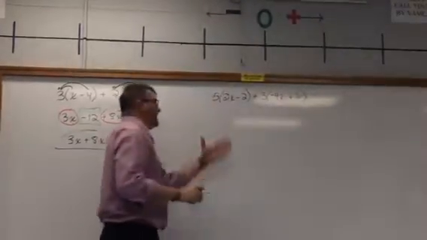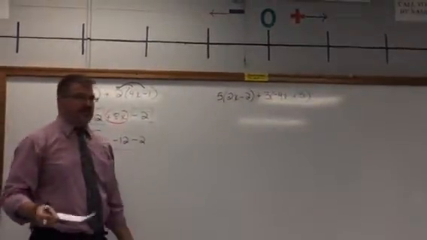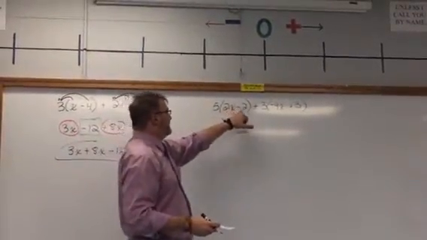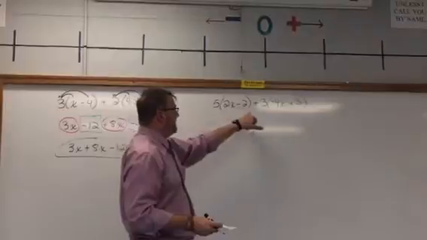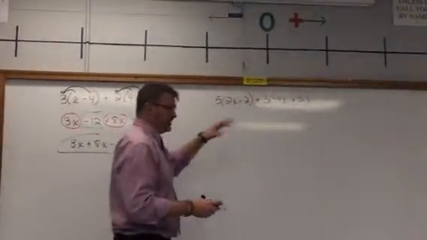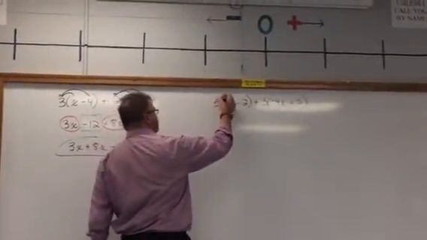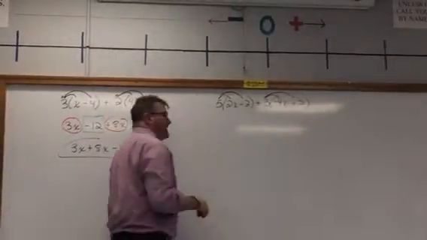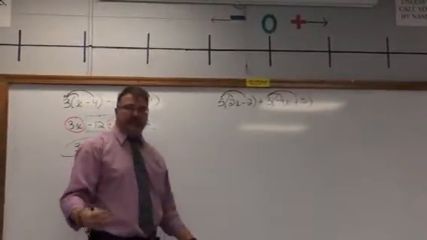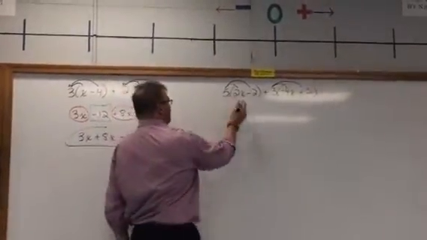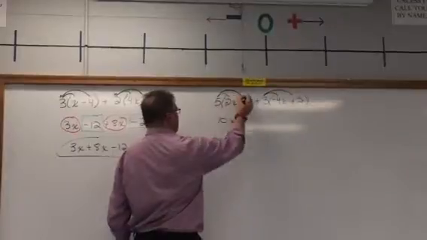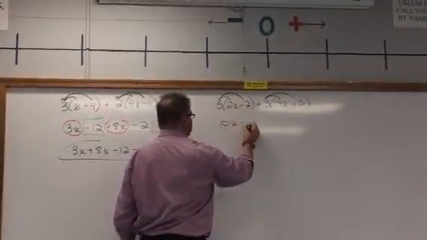Okay, again, what's inside the parentheses I can't do anything with because this is multiplication. I can't do the subtraction before I multiply. I can't do the addition before I multiply. So my only option here is to use that distributive property, which will allow me to take care of the multiplication with a parenthesis. 5 times 2 is 10x. 5 times minus 2 is minus 10.